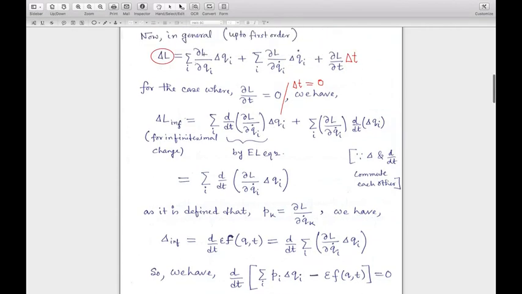Why? Because del L by del q_i, by the Euler-Lagrange equation, is simply this. Now you can see that here we are perturbing the Lagrangian, or rather expressing the perturbation of the Lagrangian up to first order, with respect to the real trajectory on which the Euler-Lagrange equation is valid.